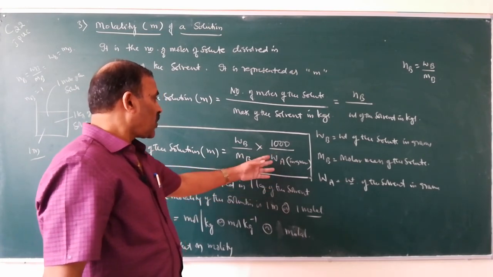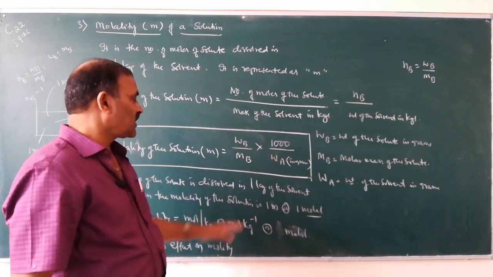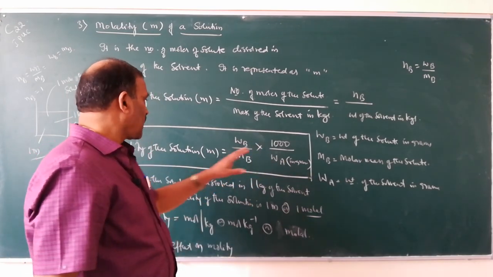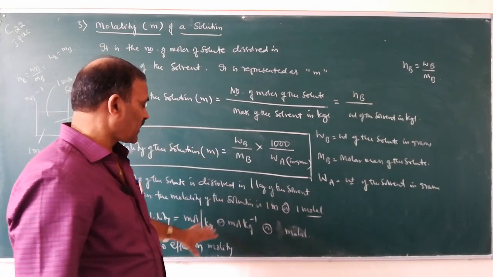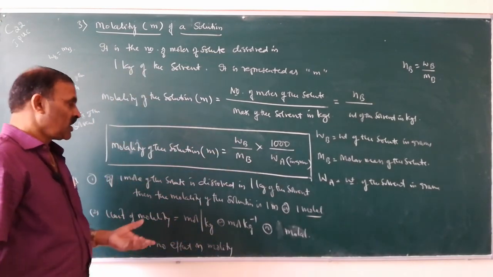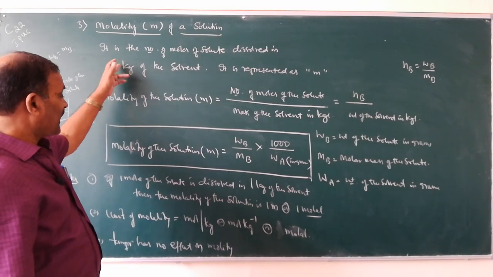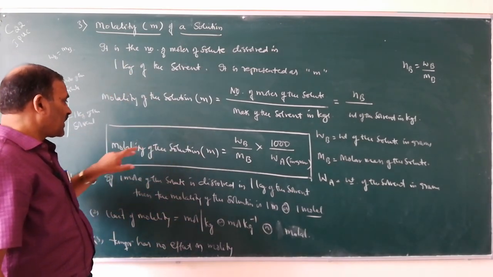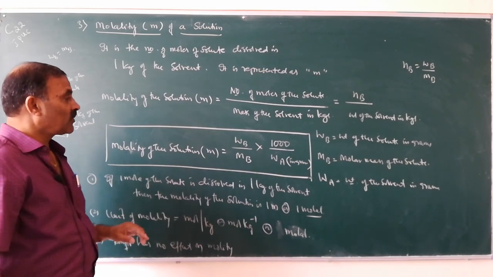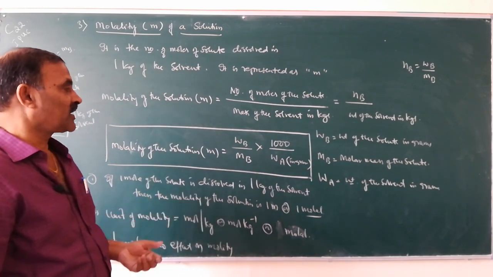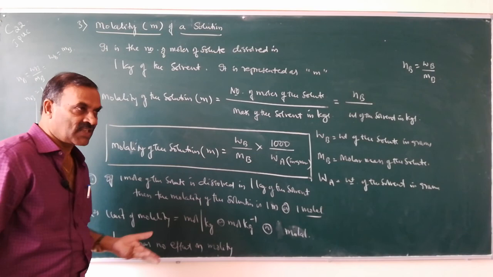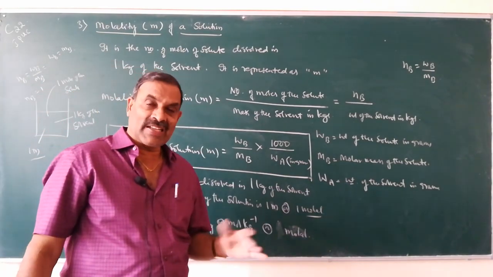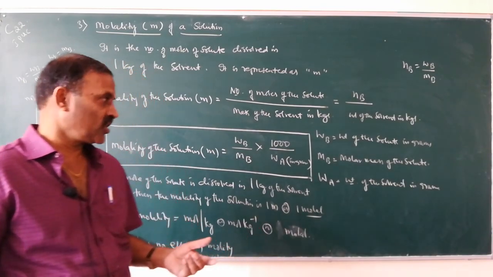Since volume is affected by temperature but weight is not, molality is not affected by temperature. So out of molarity and molality, molality is unaffected by temperature, whereas molarity is affected by temperature. If temperature is increased, molarity decreases. Molality is unaffected by temperature.